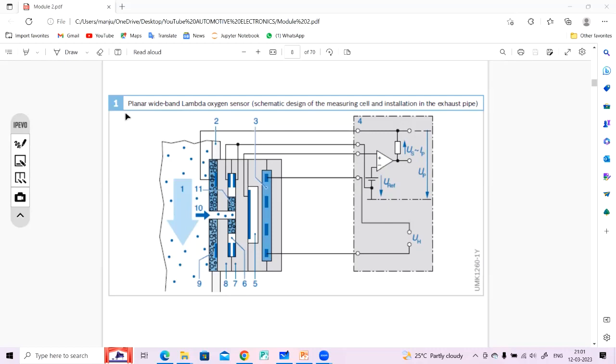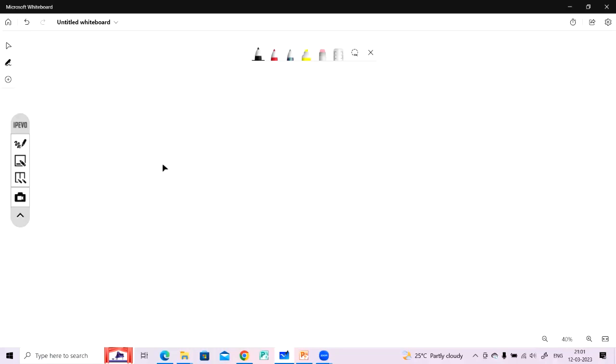There is an in-depth discussion of the exposed sensor.